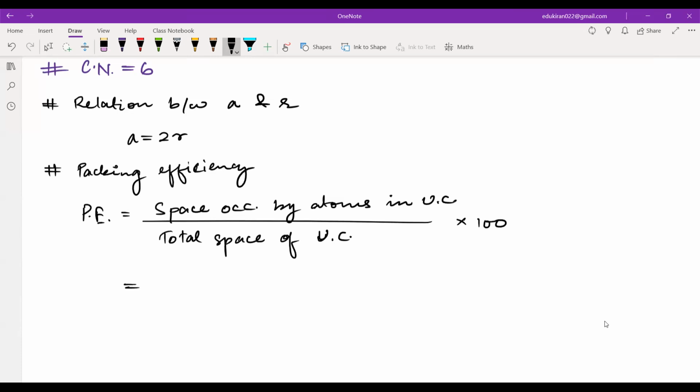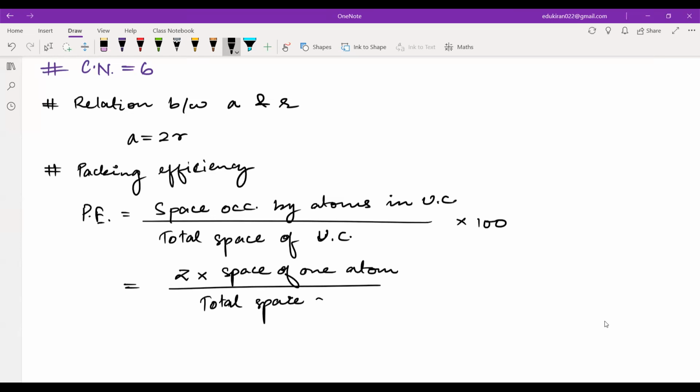Now, what is the space occupied? It will be the number of atoms into the space of one atom, divided by the total space of unit cell. Please don't write these things, okay?